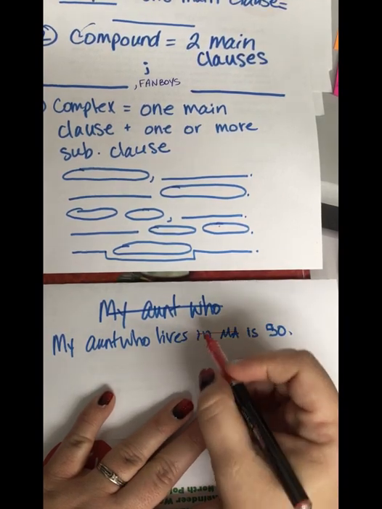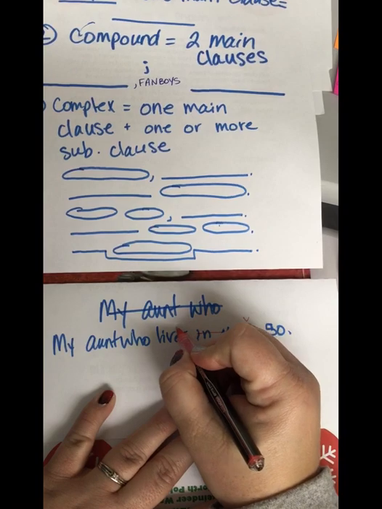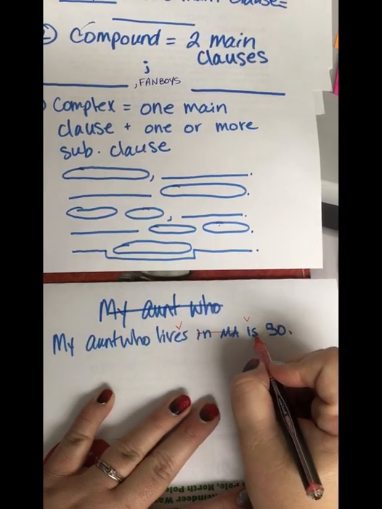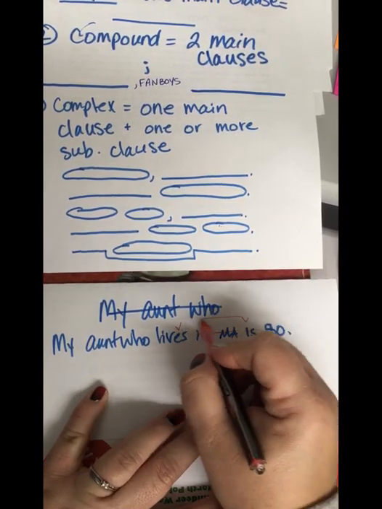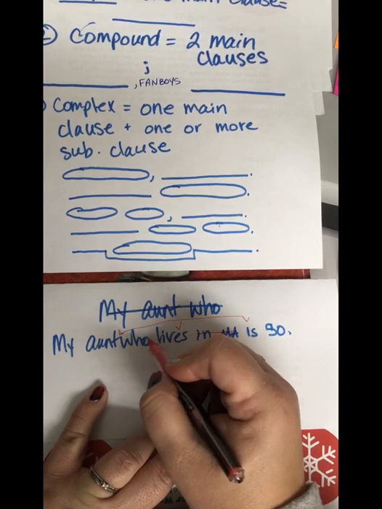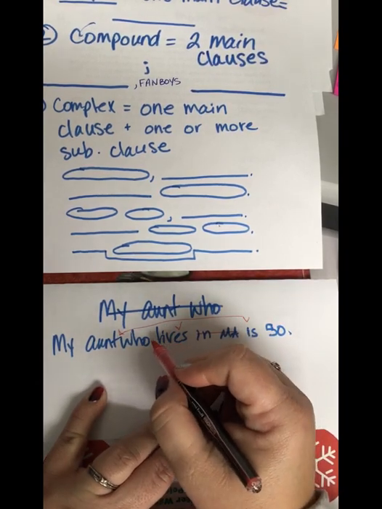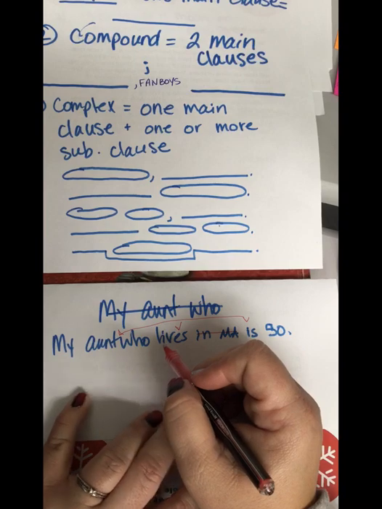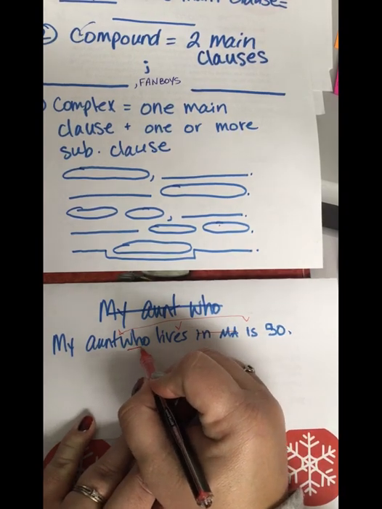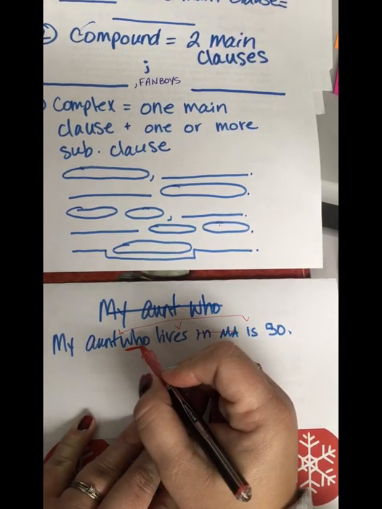Verbs: is, lives. Who is 50? Aunt. And who lives in Massachusetts? Aunt. Except in this case, I have a subordinator, who.